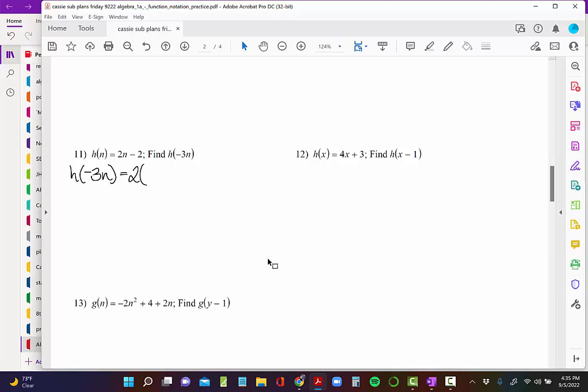But wherever we find an n, we're going to replace that with a negative 3n, minus 2. And now we don't know what n equals, but we're going to evaluate anyway. That's going to be 2 times negative 3 is negative 6n minus 2. And we can't go any further, so we leave it just like that.